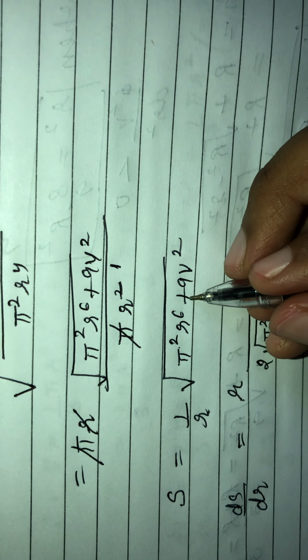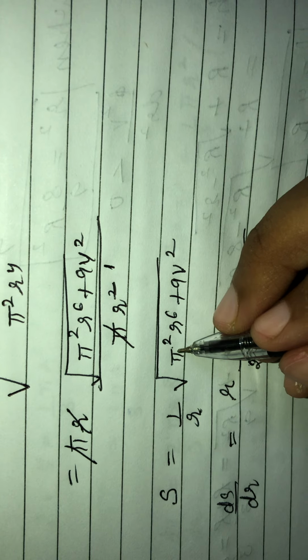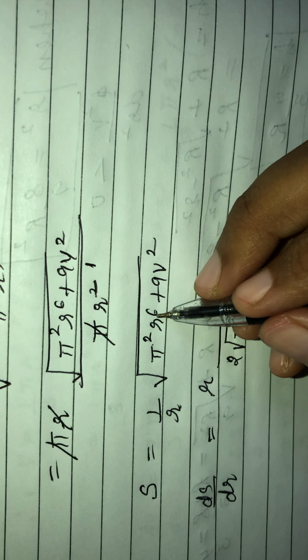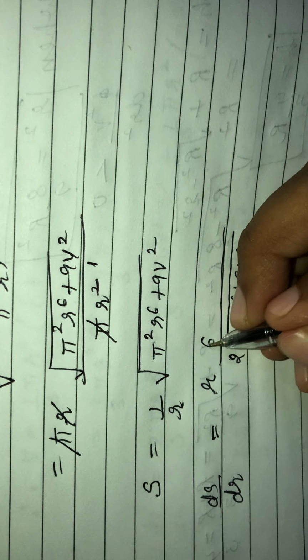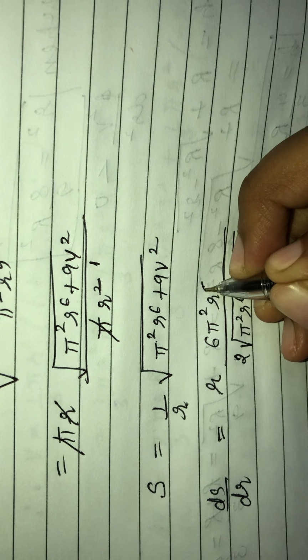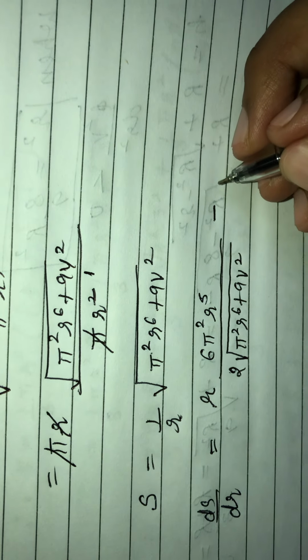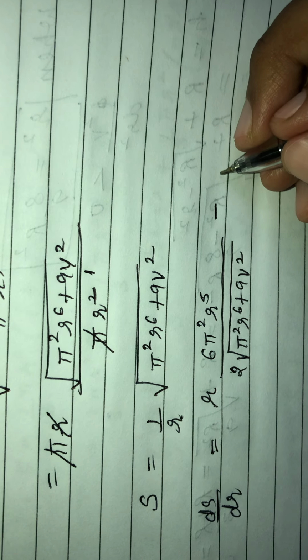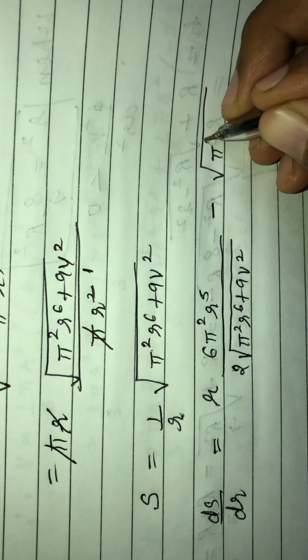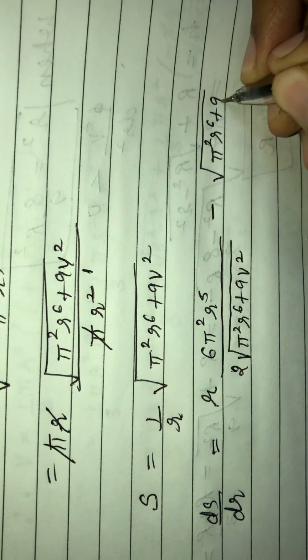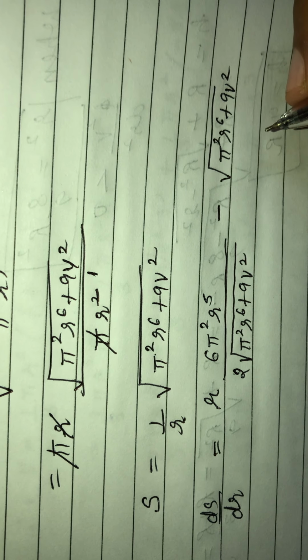Again take the derivative of this: π² remains the same, this will become 6π² r⁵ and this will become 0. After that minus is given, derivative of r is 1, so you will be getting the square root of (π² r⁶ + 9V²). So you will be getting this.